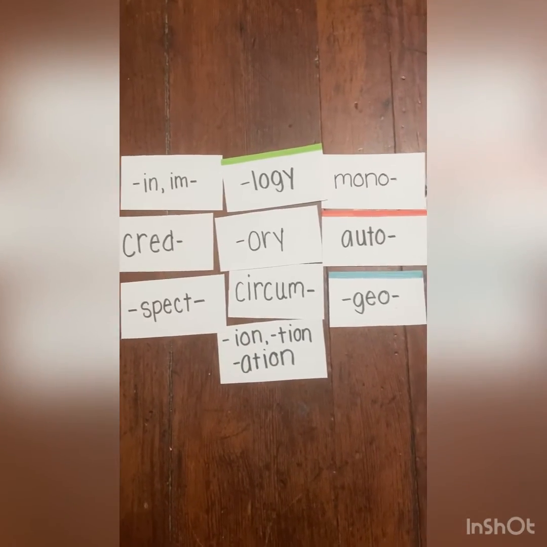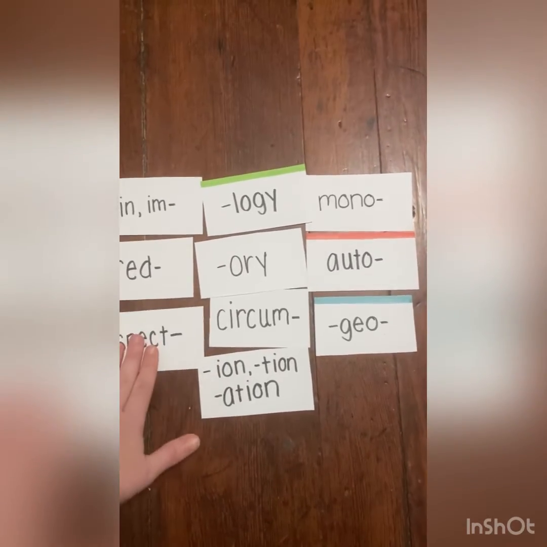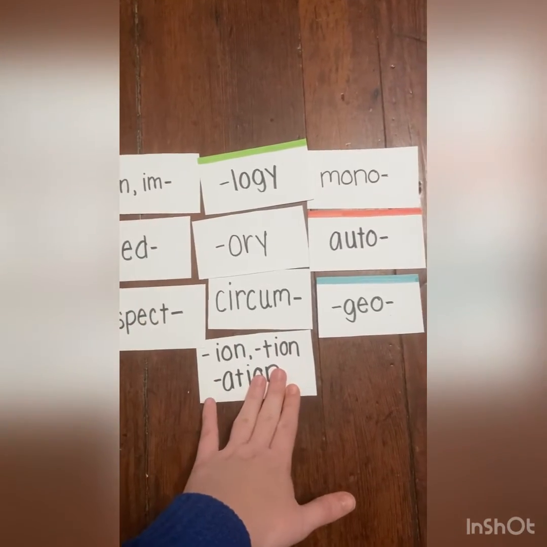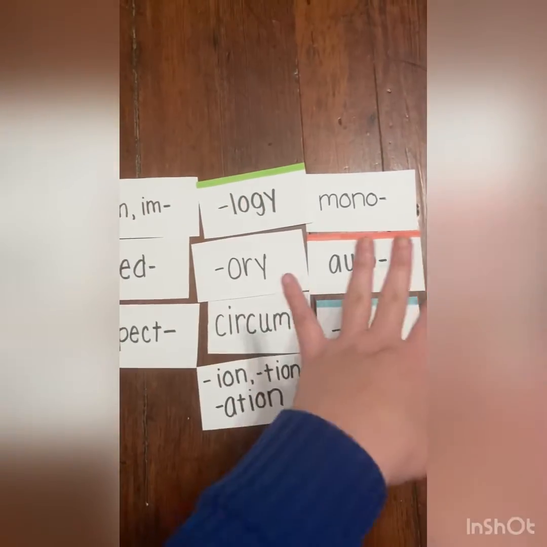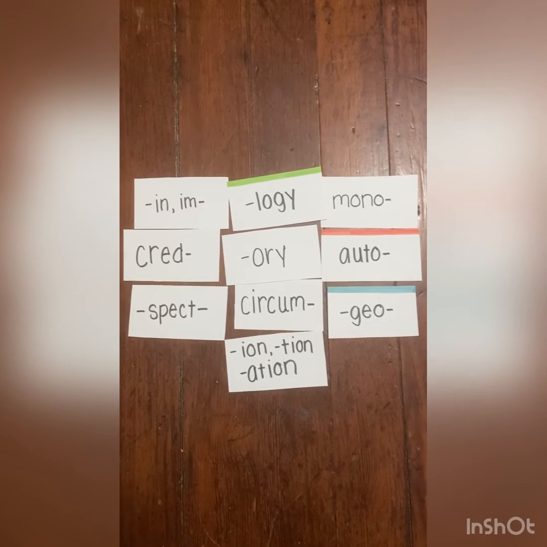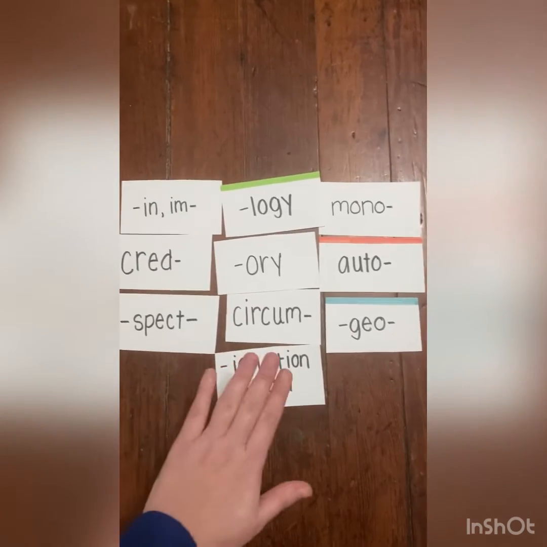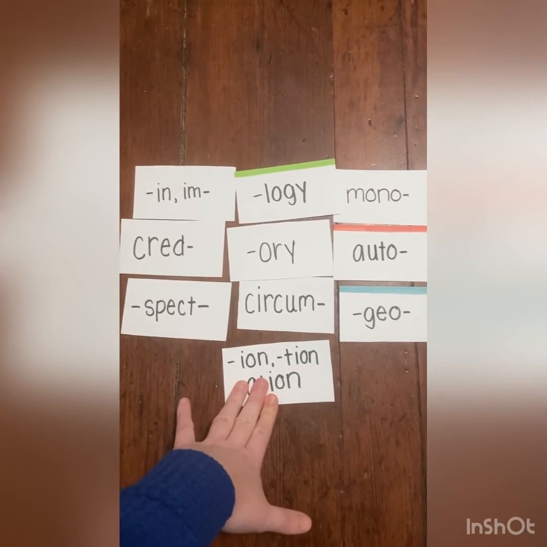And this is a word that does not exist, so it's definitely fun. So they get to create their own word and use as many of these cards as they can to do so. Once they make their own word, they are going to make a definition for that word, and then they will share that word with other groups.